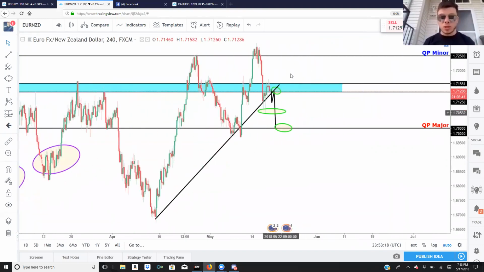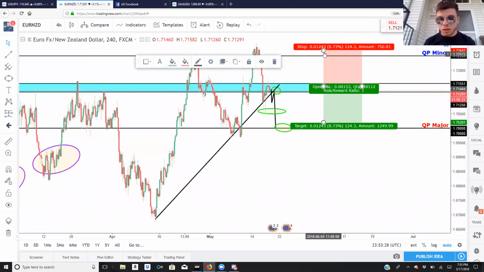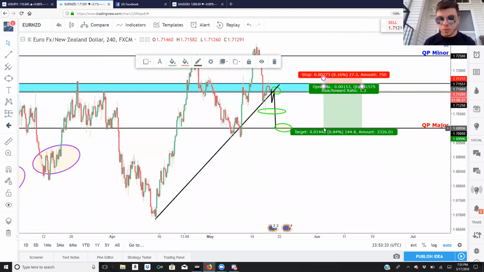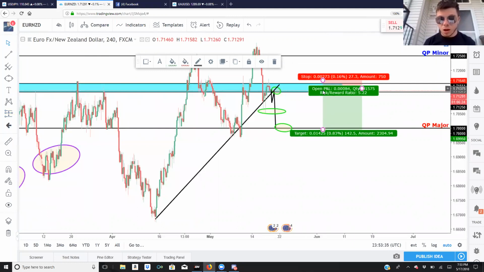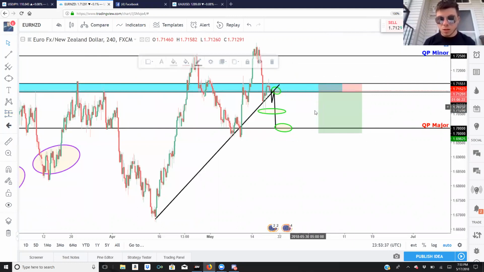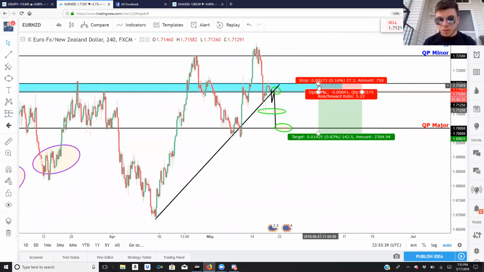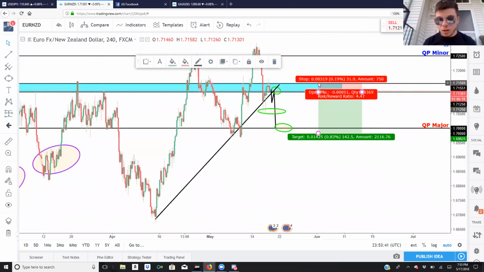So all I'm going to do is wait for this retest. We'll call the sell, and then we'll simply have a tight stop loss right here. We'll do short. We're going to bring this down, and this here. We'll have it about right there.